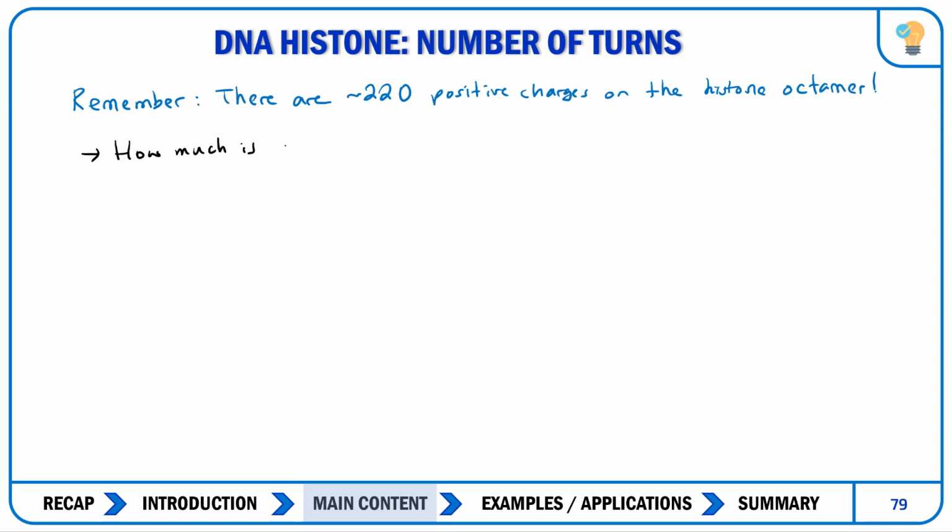How much is the total charge? On the histone, if we assume 1 elementary charge per positive charge, then that means we have a total of 220 e.